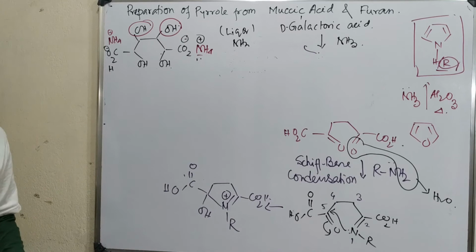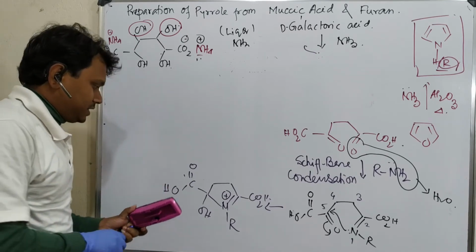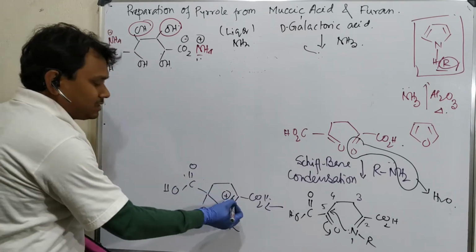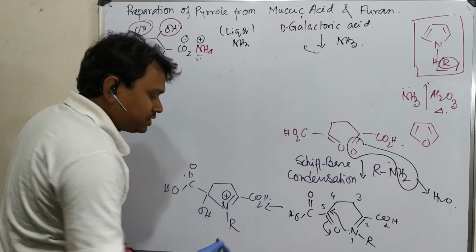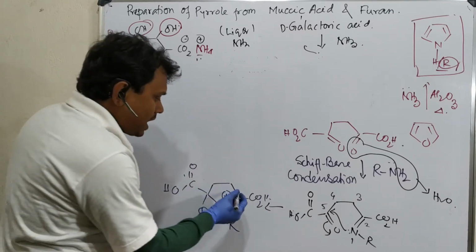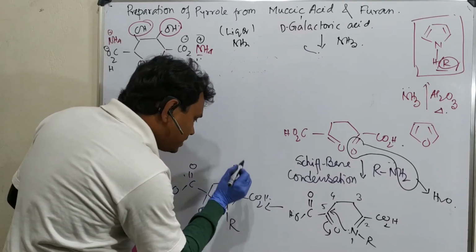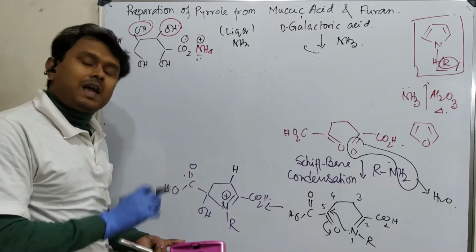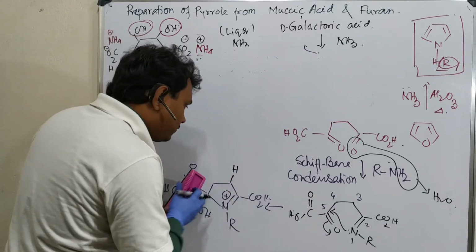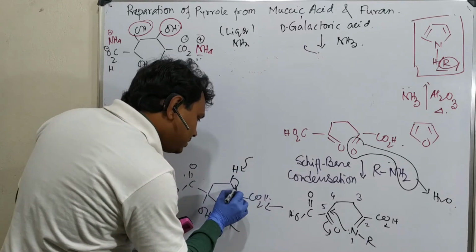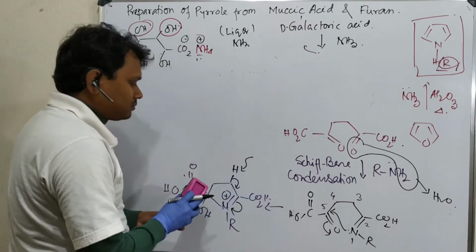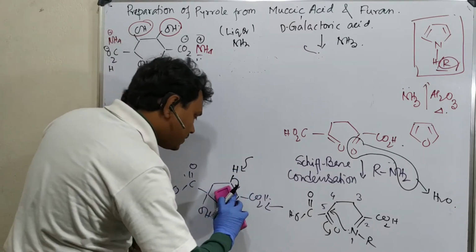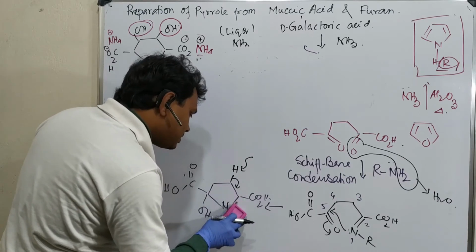So next step, see this is an aminal type derivative. The nitrogen became positively charged, and that is the reason why this proton will be abstracted by other ammonia molecules. What is the consequence?